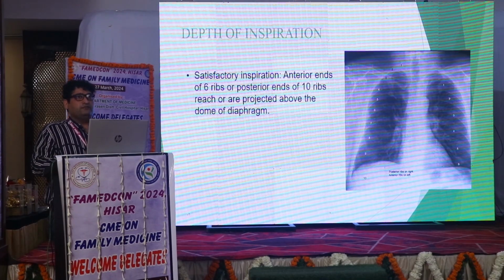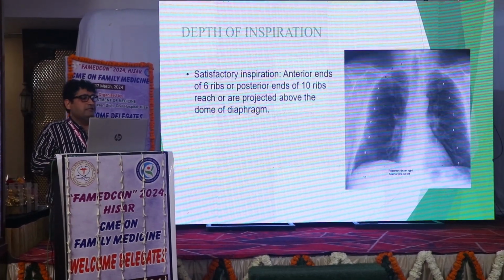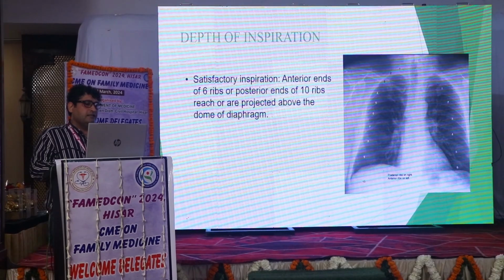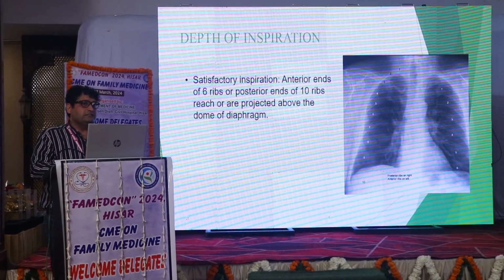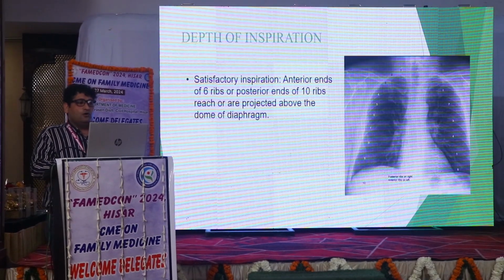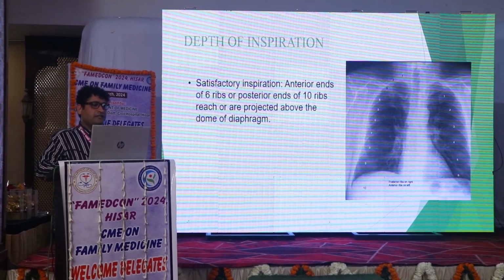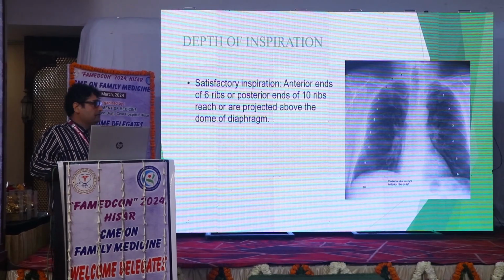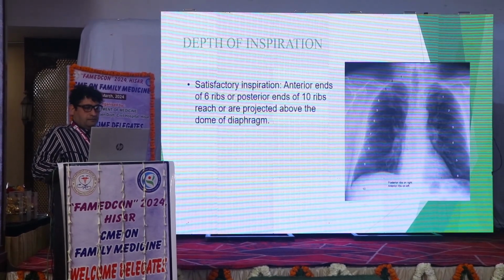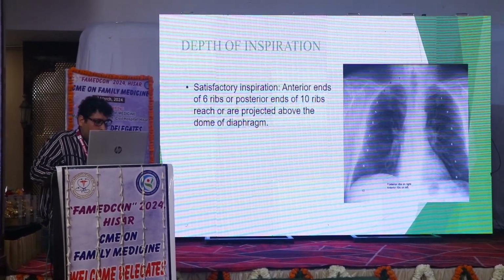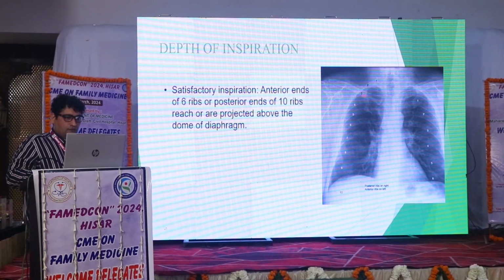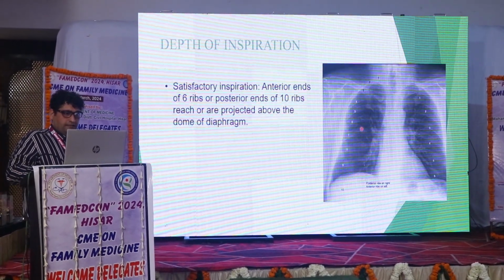Another important aspect of the chest X-ray is how will we say whether it is a satisfactory inspiratory film or an unsatisfactory inspiratory film? We have to count the anterior ends of the ribs. This is the anterior end 1, 2, 3, 4.